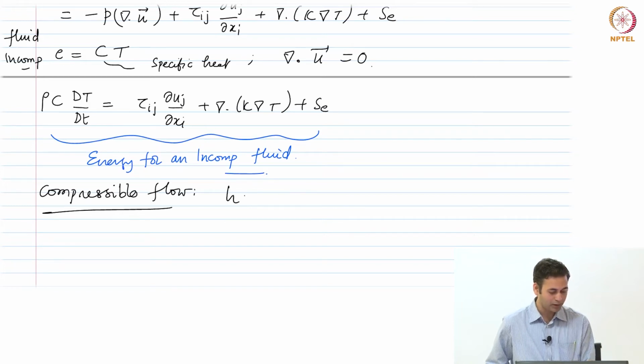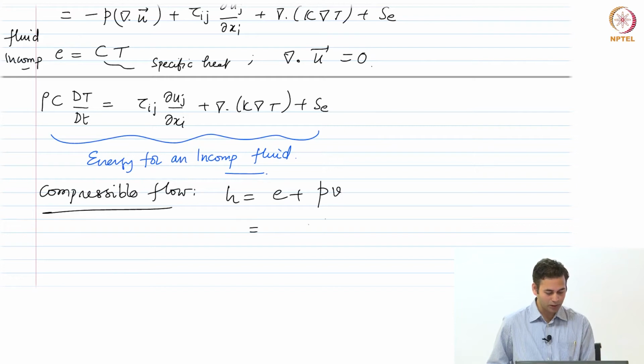So, enthalpy would be the summation of what? Your internal energy and the flow work, right, the product of the pressure times the specific volume. So, this is little v. We will work with this equation.